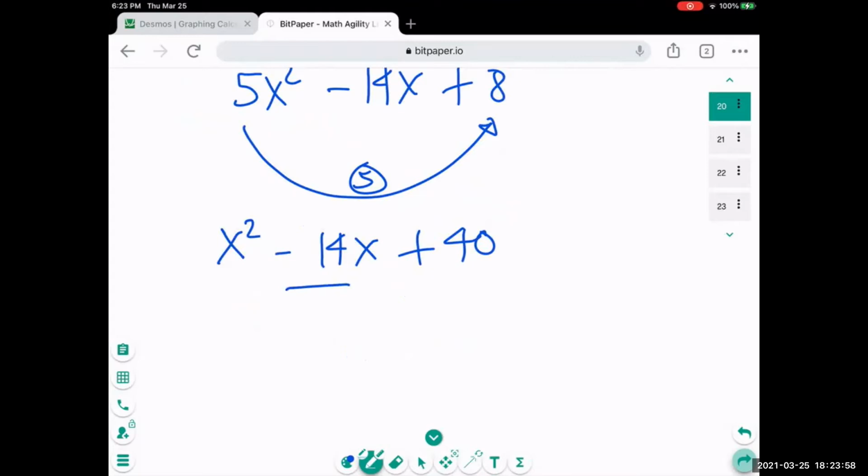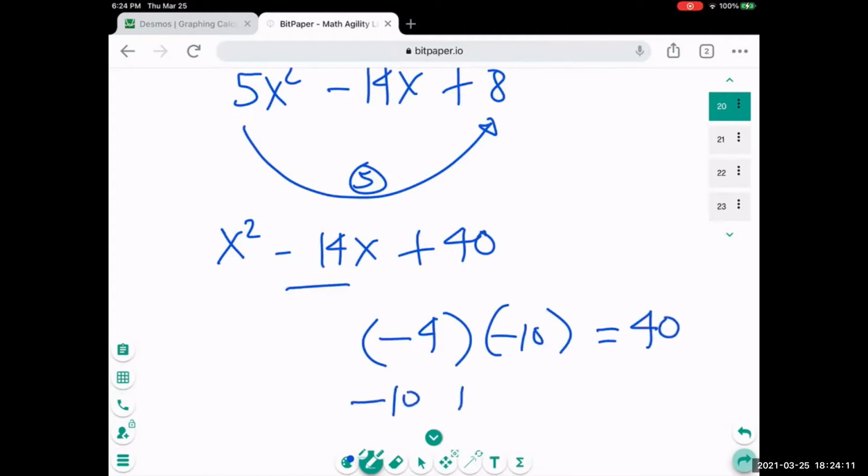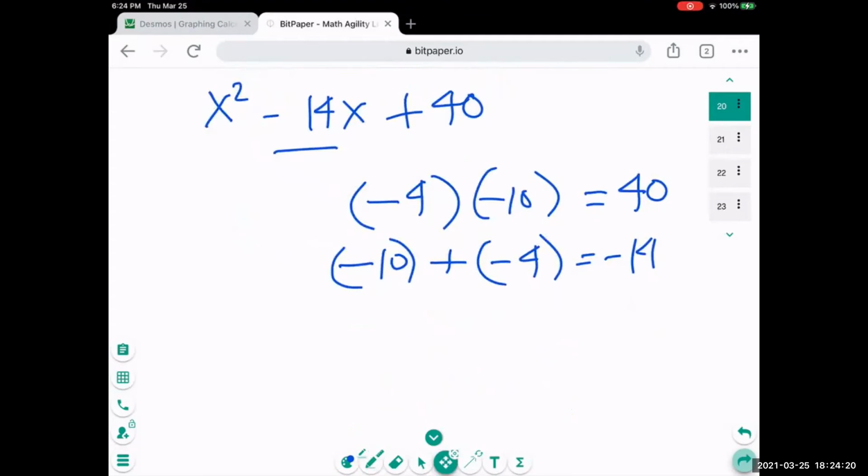So let's say negative 4 and negative 10, right? So if we multiply together, that's positive 40. And if we add them together, that's negative 14, right? So i-form natin yung ating factor as x minus 10 and x minus 4, right?